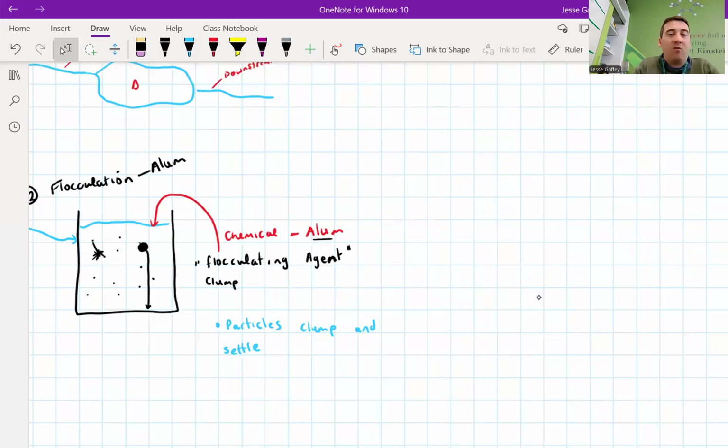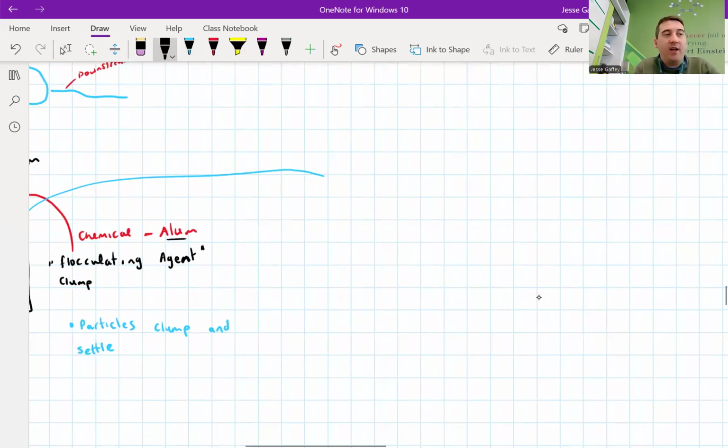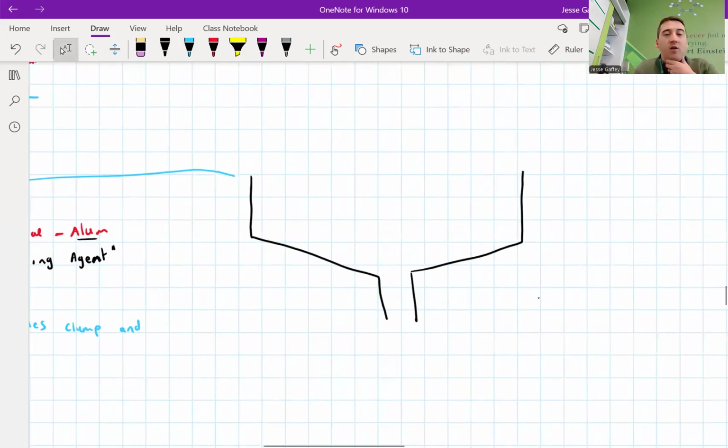We're going to take that water that's just been flocculated, and we're going to put it through a giant filtration tank. Okay, so how does this work? Well, what you have here is essentially a big, massive basin with a pipe out the bottom.